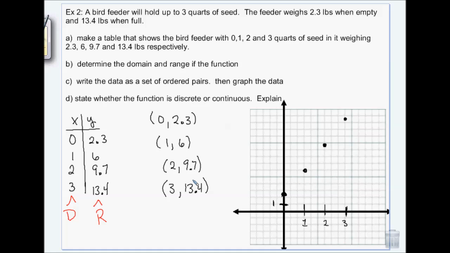So that means it's going to be continuous. And if it's a continuous function, we connect it with a line or a curve, because the weight is going to fluctuate in between here all over the place. Does that make sense?